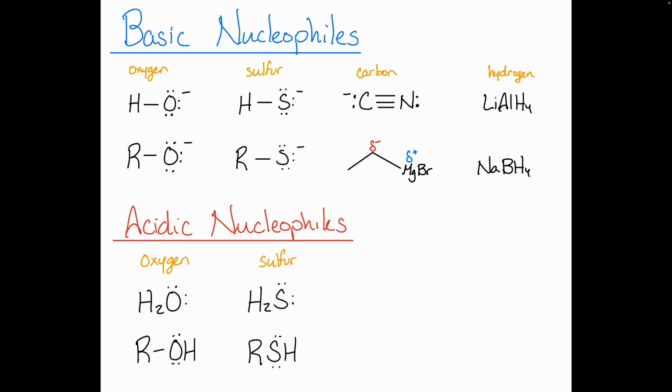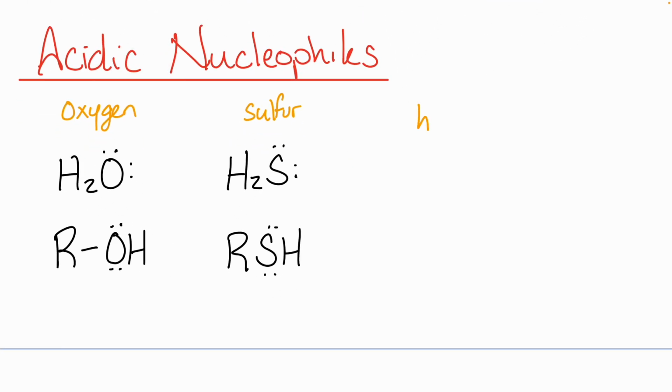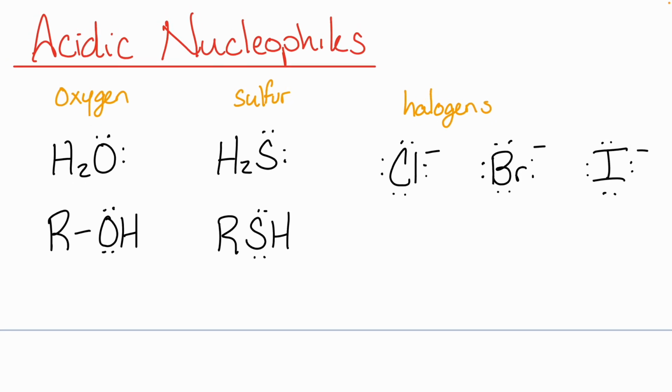We do have one category under acidic conditions that we don't see under basic conditions, and those are our halogens. These halide ions are kind of odd in that they have negative charges, but are just such terrible bases that you can actually have them under acidic conditions as well.